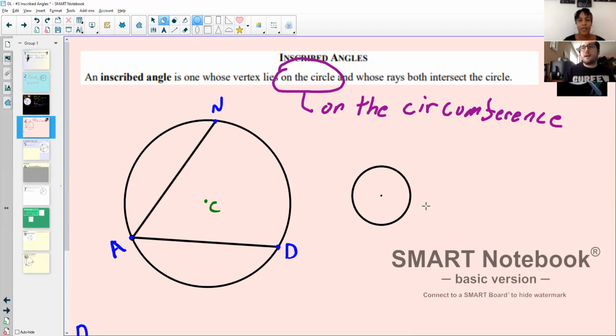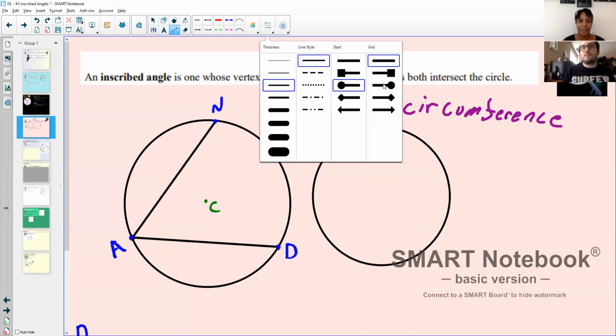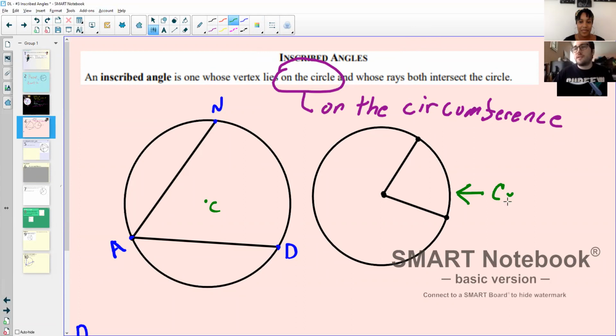Can you go back for one? So let's pretend this is the center. Let's do this in green because it's the best color. This is going to show a central angle.